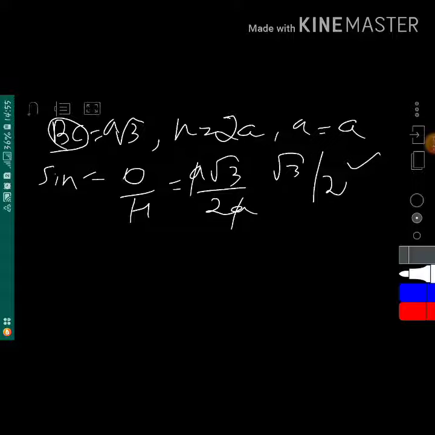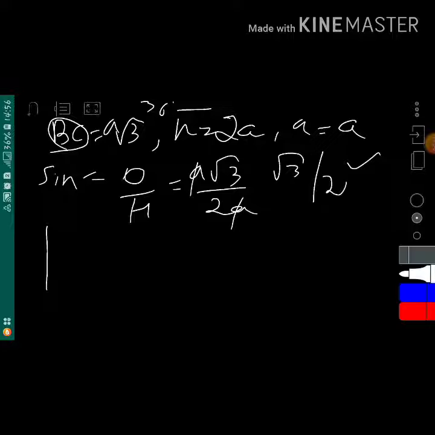So this you will add in your table. Go to your table. 30 degree sin, opposite 30 degree will be there. You will be writing it as, yeah, you must get a doubt here.